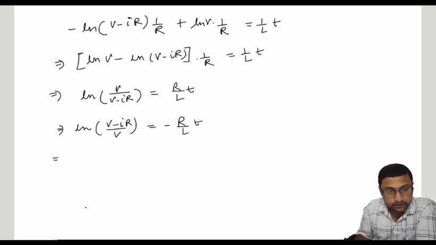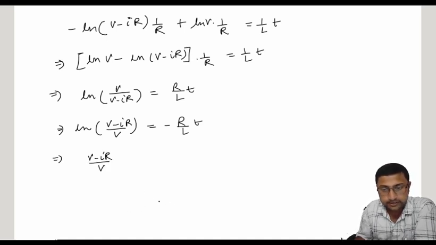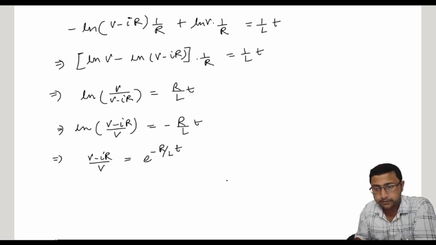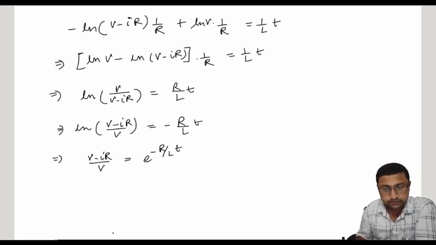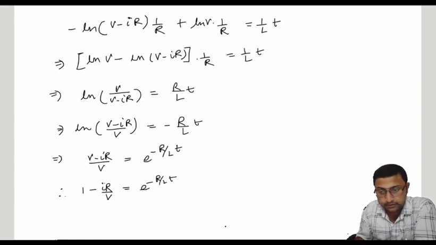If we replace the logarithm term, it can be written as (V minus iR) by V equal to, taking the anti-log, e to the power minus R by L into t. Further simplifying, we can write 1 minus iR by V equal to e to the power minus R by L into t.